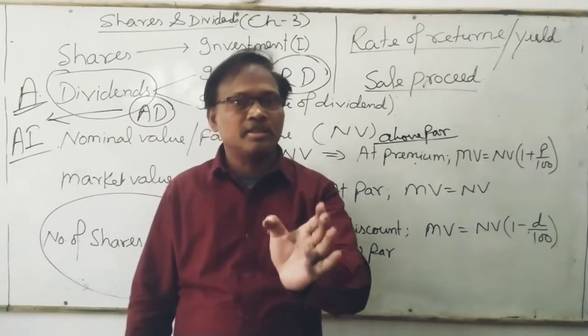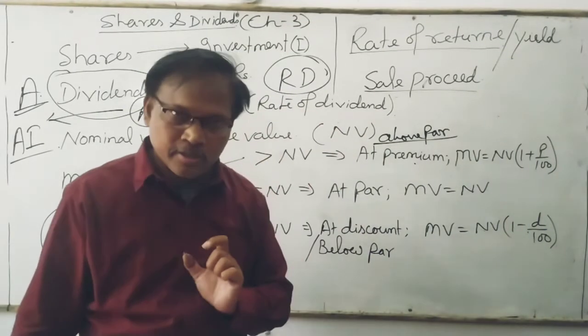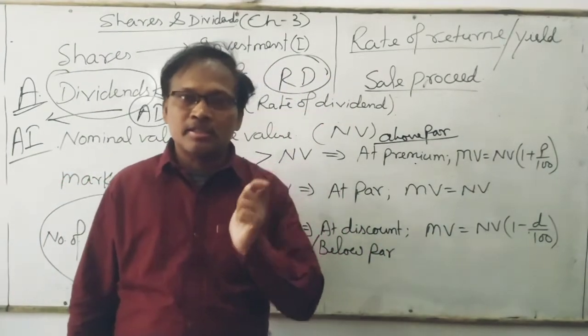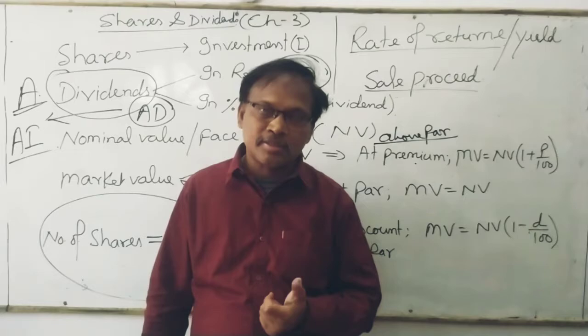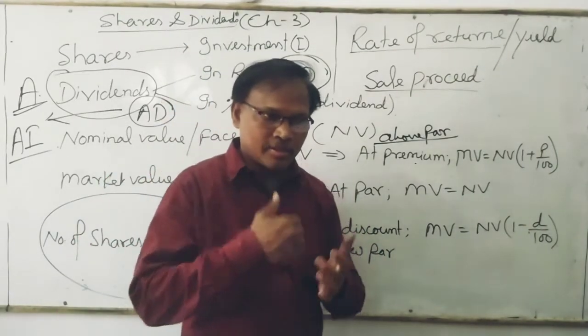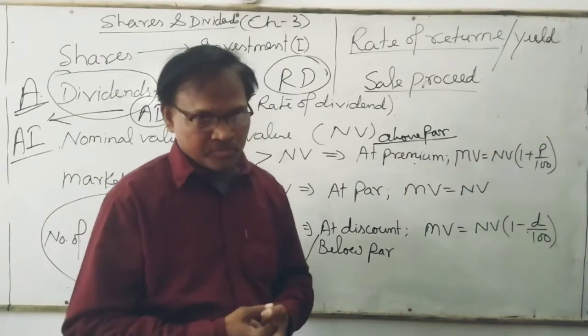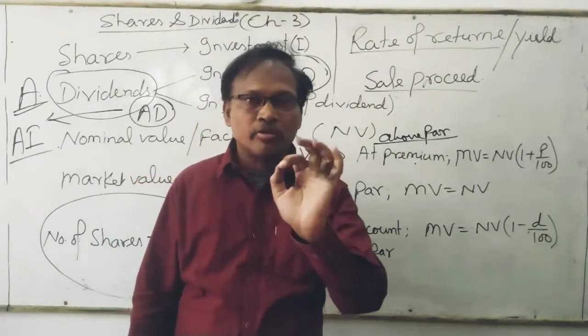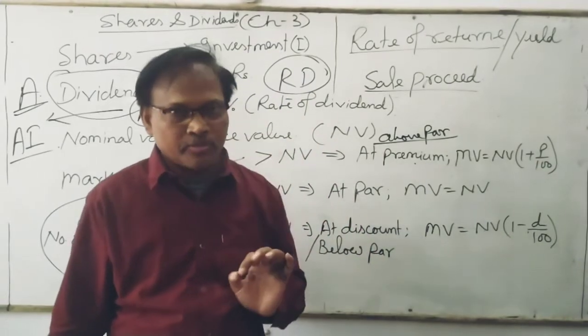So 20% is the rate of return. So rate of return is the term in which the shareholder gets profit through his own alertness. Same thing, yield, it is also called the profit on his investment.